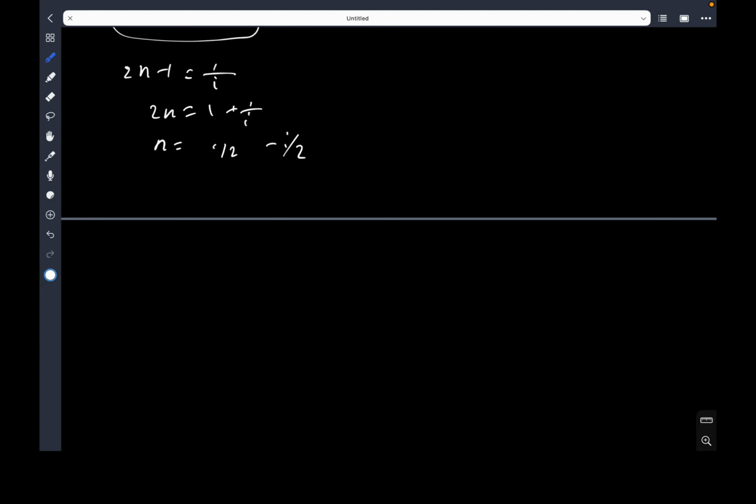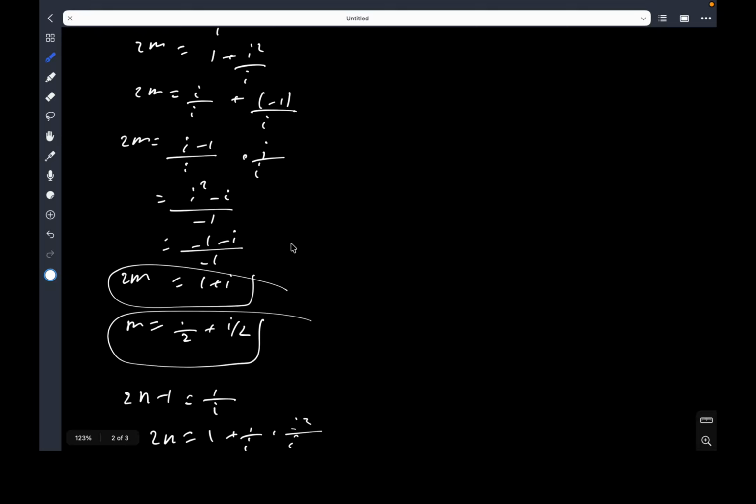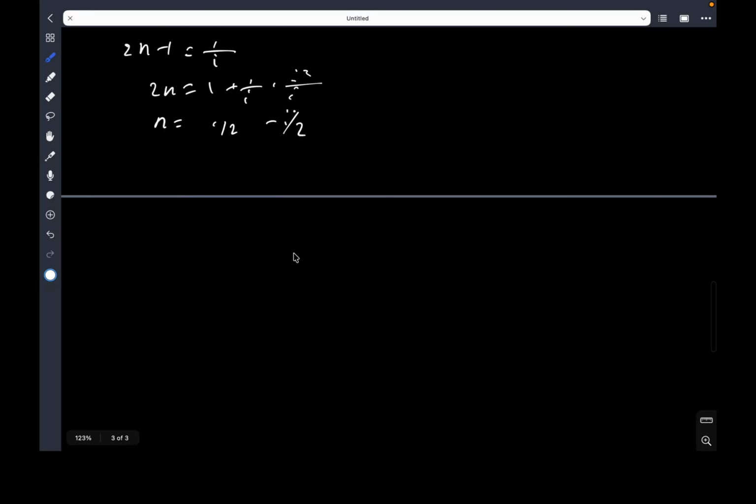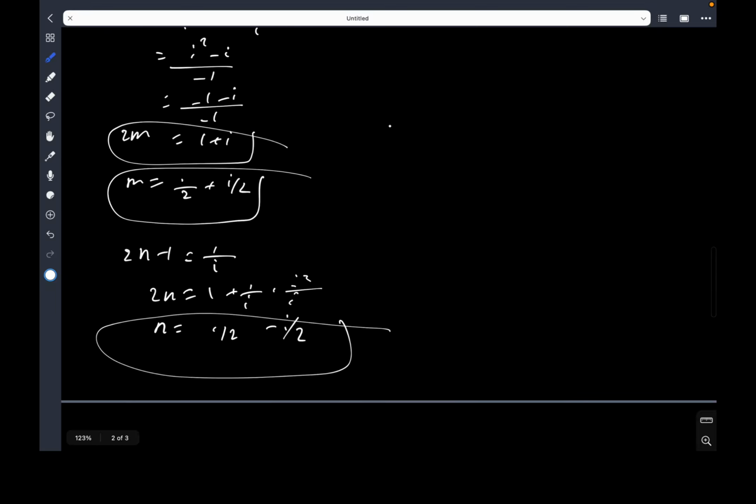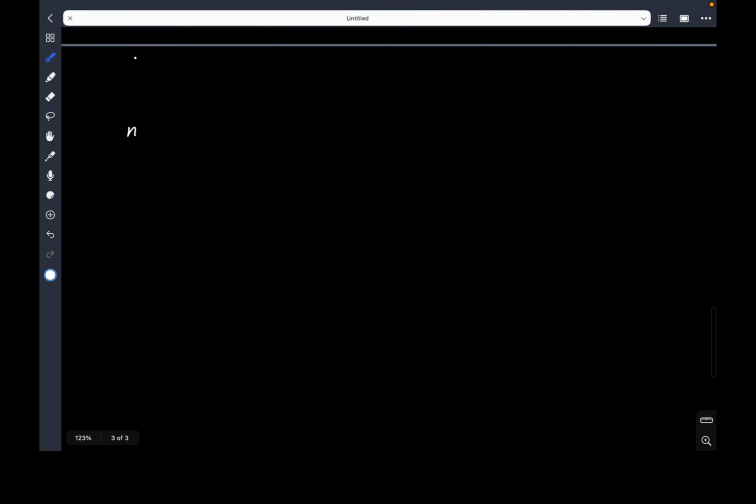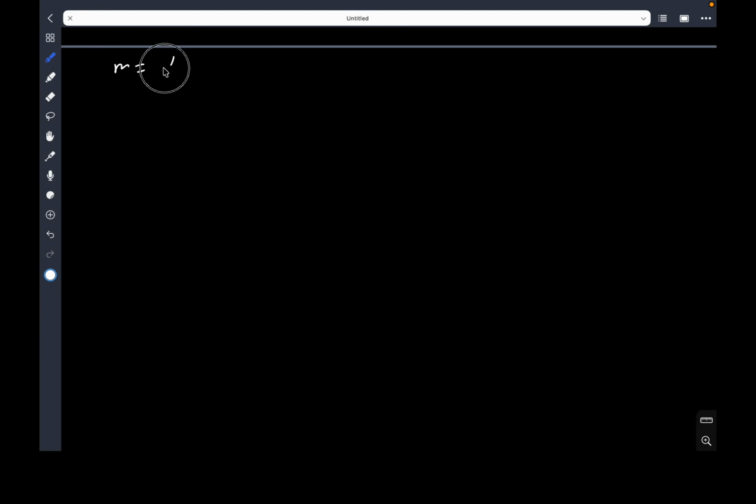You just have to multiply it by i squared over i, like the thing that we did with 2m. So this is m and this is n. I'm going to write it here: m is going to be half plus i over 2, and n is half minus i over 2.